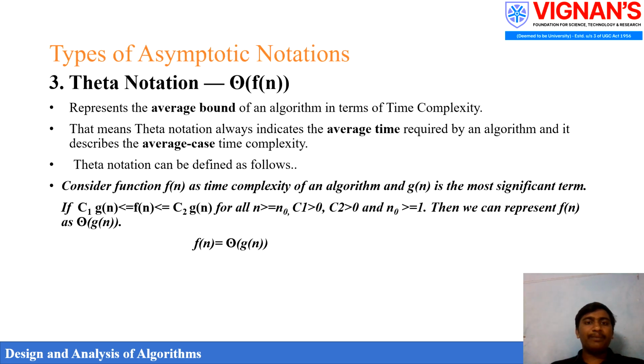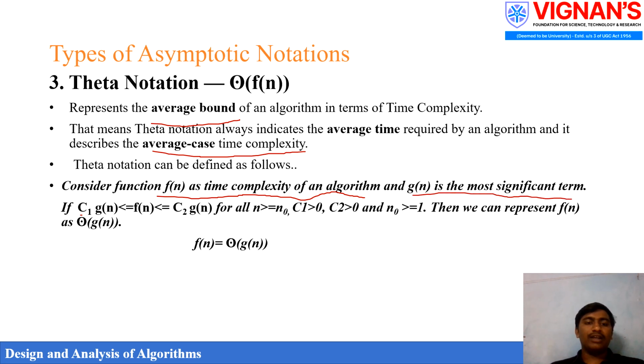Coming to the third type of asymptotic notation, that is theta notation, which represents the average bound of an algorithm. It shows both the upper bound and lower bound and gives the average case time complexity. Consider the function f of n as the time complexity of an algorithm and g of n is the most significant term.